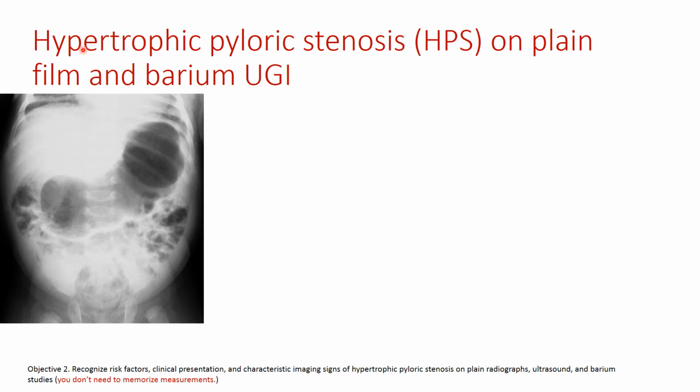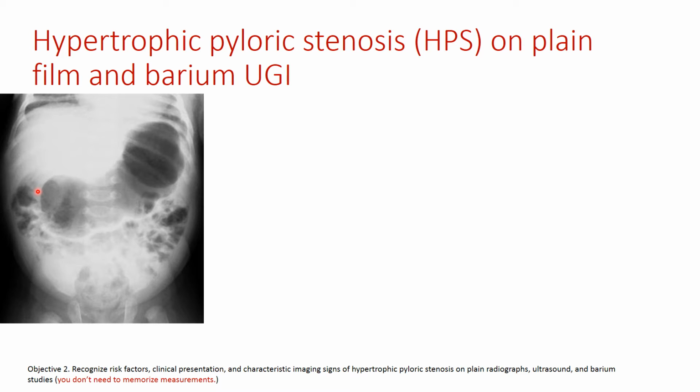So what do we see when the patient comes in? Well, again, the patient has hypertrophic pyloric stenosis. They're having a difficult time getting things through from the stomach to the duodenum, and so we're going to have a large air-filled stomach or a large fluid-filled stomach if the patient has recently eaten.